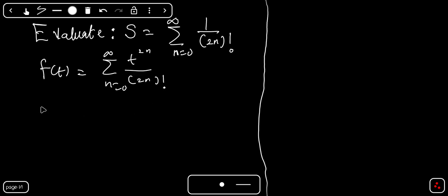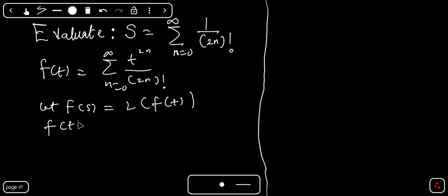And let F of s be equal to the Laplace transform of f of t. So if F of s is equal to the Laplace transform of f of t, then f of t will be equal to the inverse Laplace of F of s.